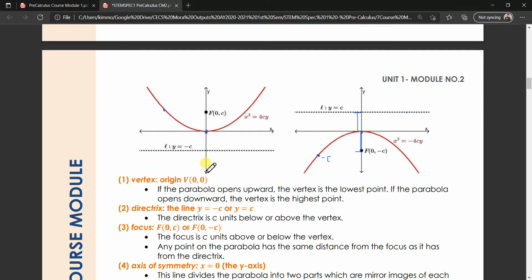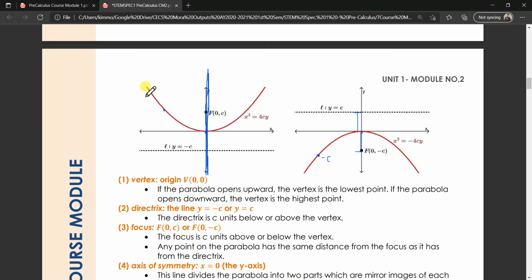So ang atong axis of symmetry ani, if it is opening upward or downward, then its axis of symmetry is the y-axis. So kung imo ni siyang hation kani, this is the y-axis. So the left side of your y is just similar sa ato ang right side sa ato ang parabola.